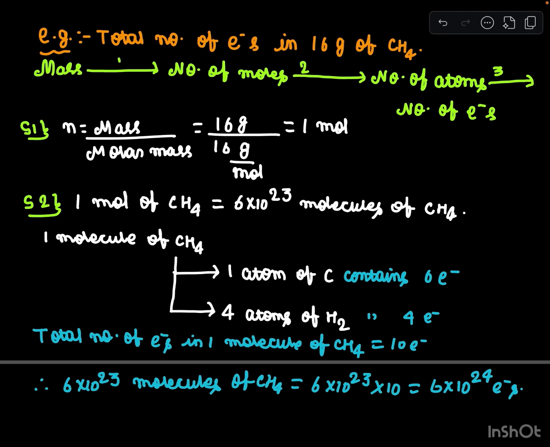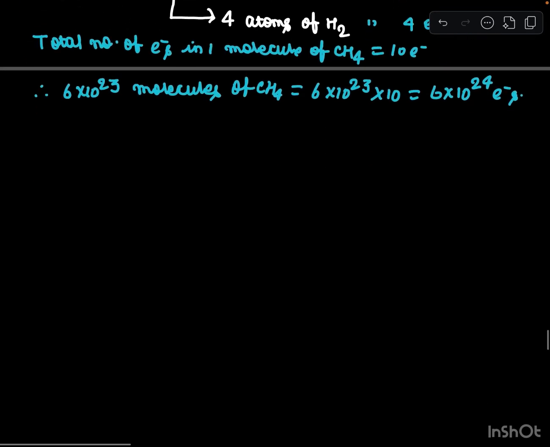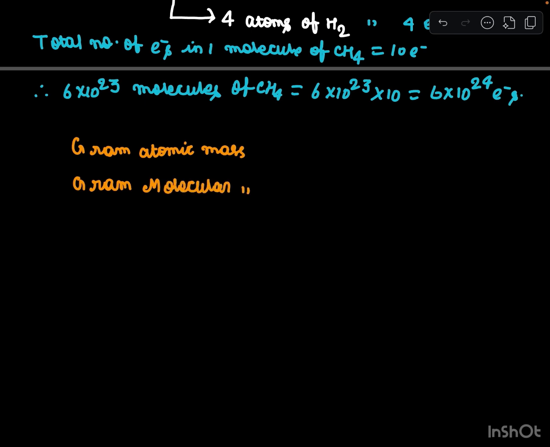So that's everything about the mole concept. Let me summarize what you have learned today. At first you learned about gram atomic mass, which was simply the atomic mass of any substance represented in grams. Second, gram molecular mass, also known as gram molar mass, which was the mass of a molecule of any substance.